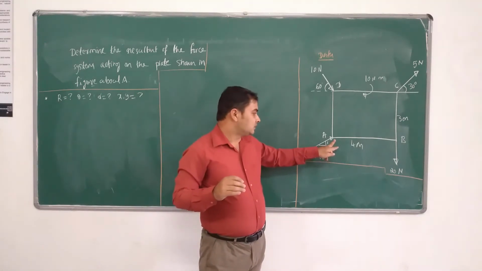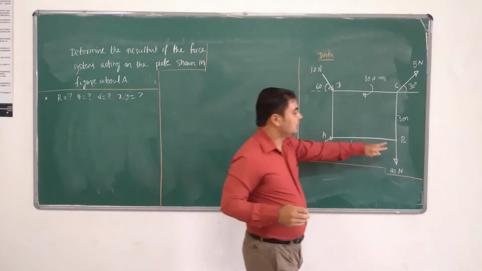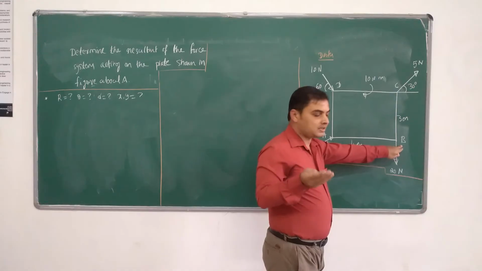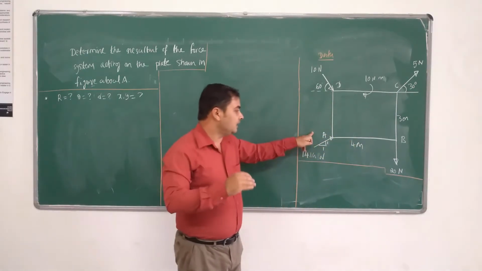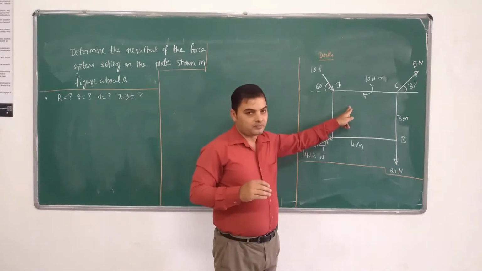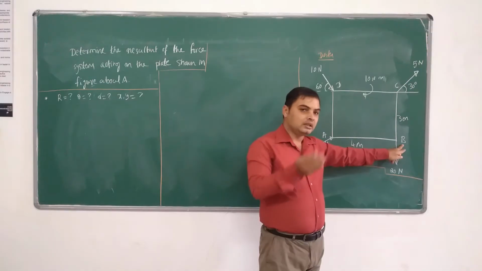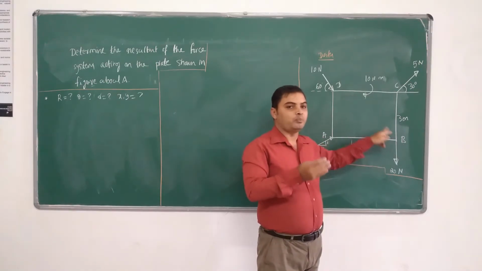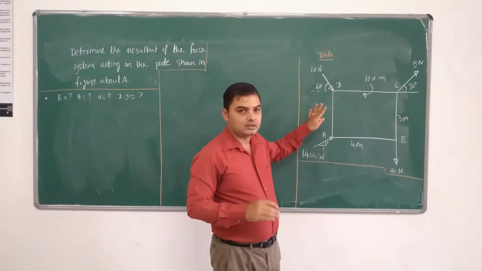For example, the location of the resultant force with respect to A is different from its location with respect to point B. If we calculate the moment about A, we can locate the resultant force with respect to point A. If we calculate the moment about B, we can locate the resultant force with respect to point B, like that. So that depends upon the point about which we calculate the moments.